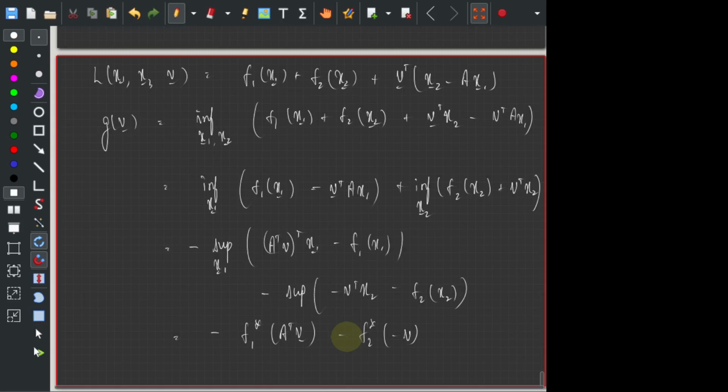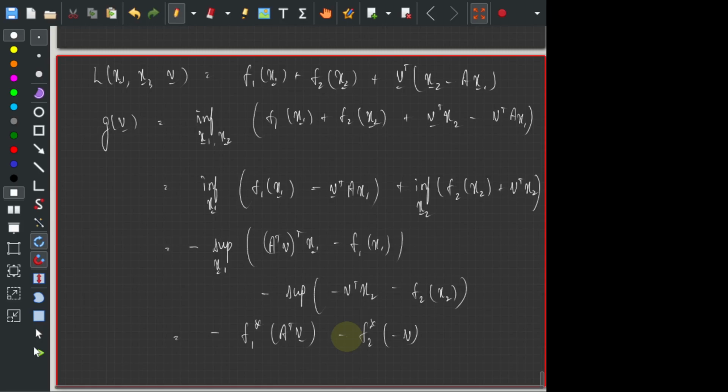So the Lagrange dual function can always be expressed as a sum of two conjugate functions. And this is true for any constrained optimization problem involving convex functions and convex constraints.